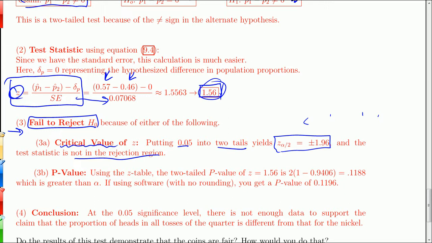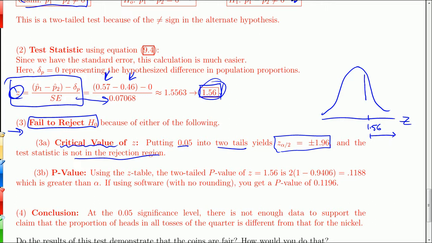Okay, so if I want to get the p-value, my distribution, the same as it always looks, bell-shaped. Z, so my p-value of the test statistic means I take my test statistic, 1.56, and anything more extreme than that is to the right.